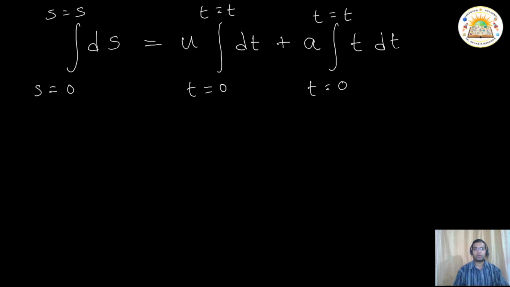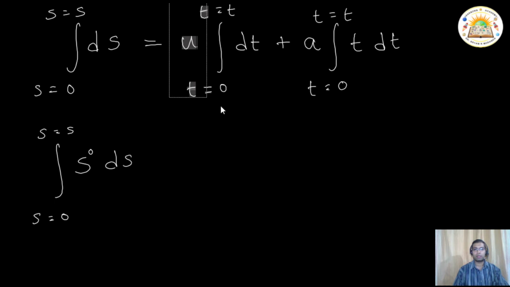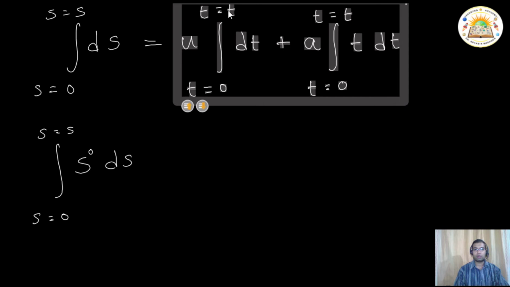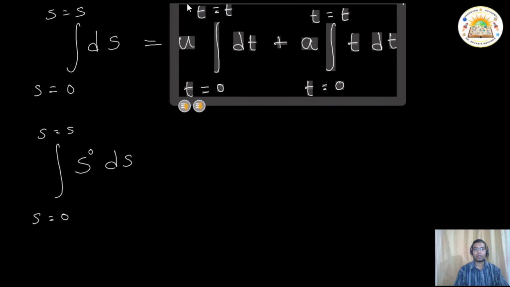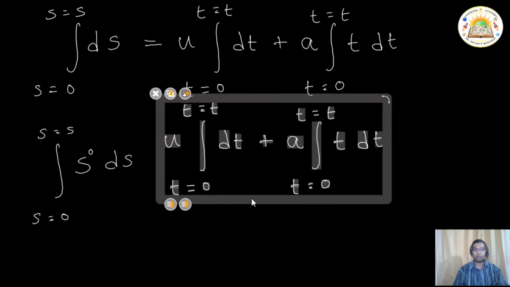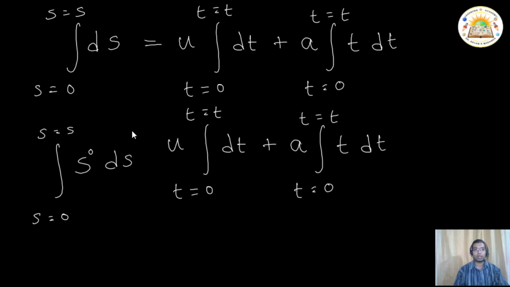Now since we have done the integration in the previous step, for the previous formula, we can go ahead and directly do it. So the LHS becomes s power 0 ds integral s is equal to 0 to s is equal to s. And now we'll go ahead and do this simultaneously so that we don't have to come back to this particular part again.